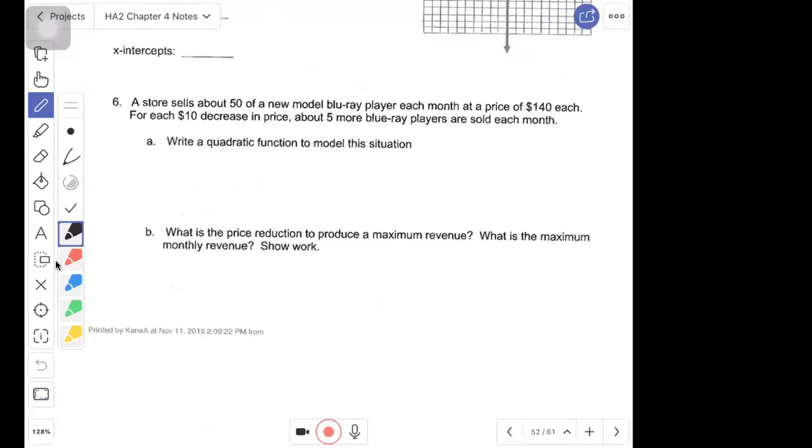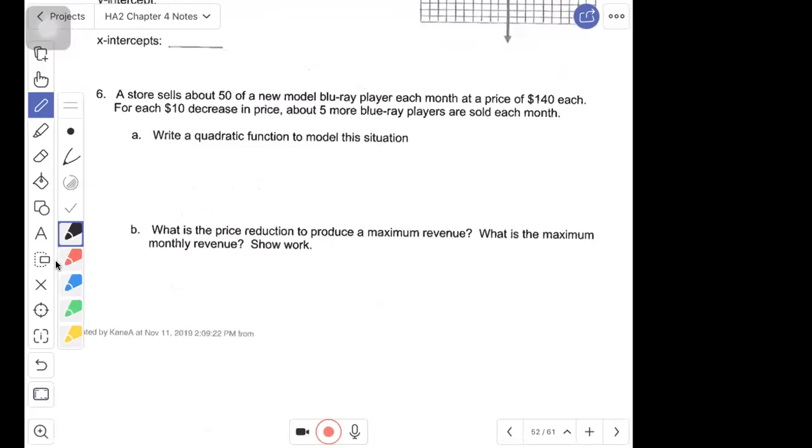I'm going to look at number 6. It says a store sells about 50 of a new model Blu-ray player each month at a price of $140 each. For each $10 decrease in price, about 5 more Blu-ray players are sold each month.